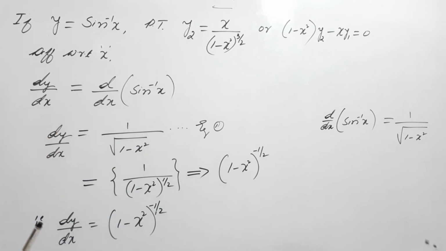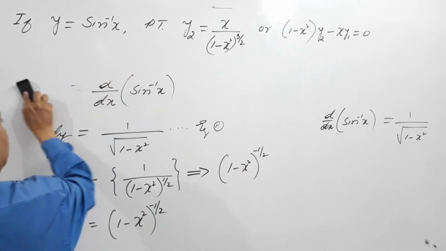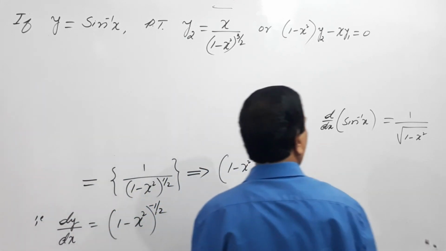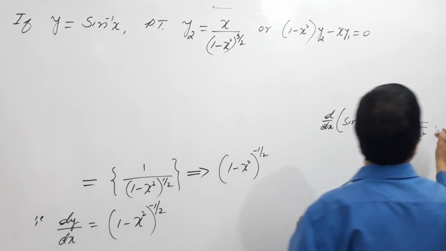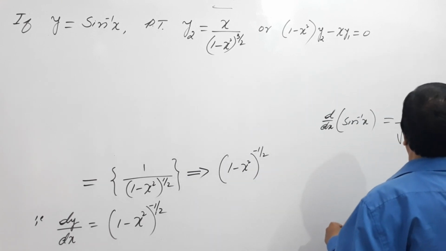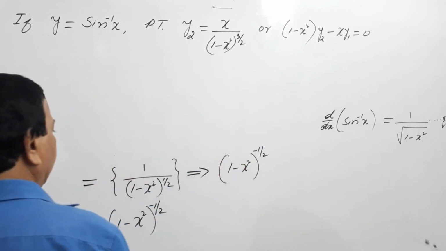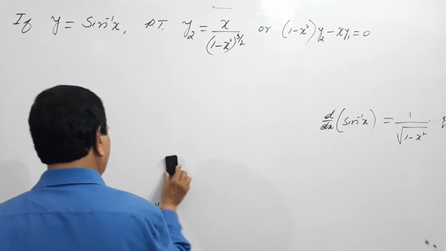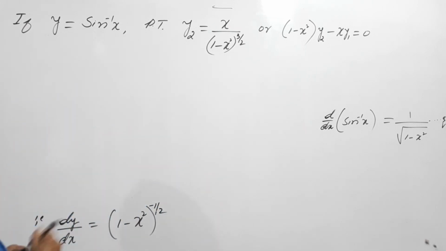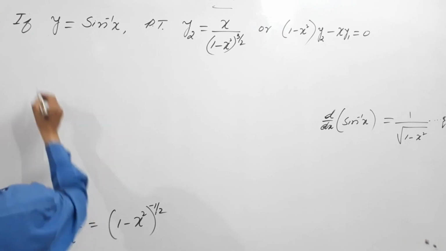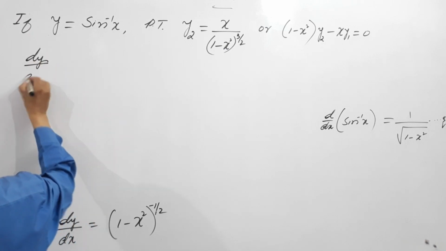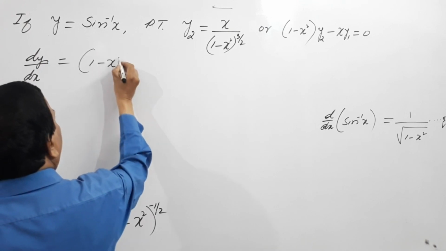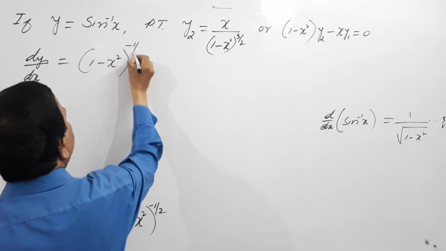Now let's differentiate this. So I'll rub this. This is our equation 1, because we need that. Let us not rub that. So I'll rub this also. So what happens here? We have dy by dx equals 1 minus x square to the power of minus half.